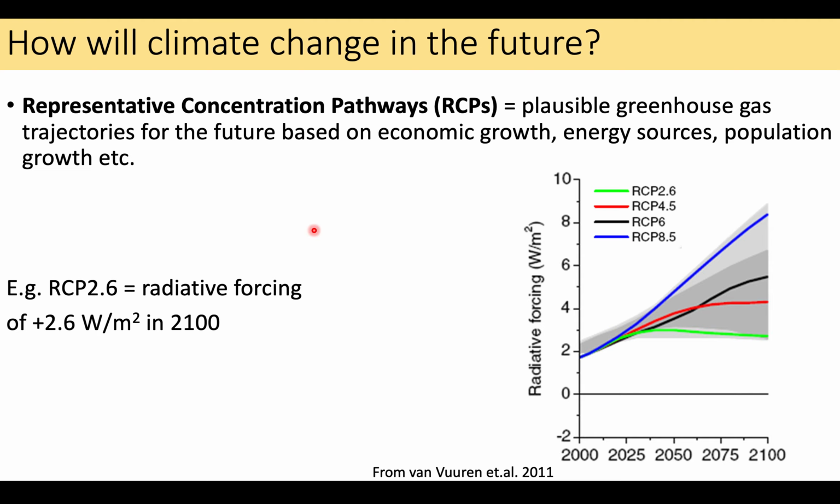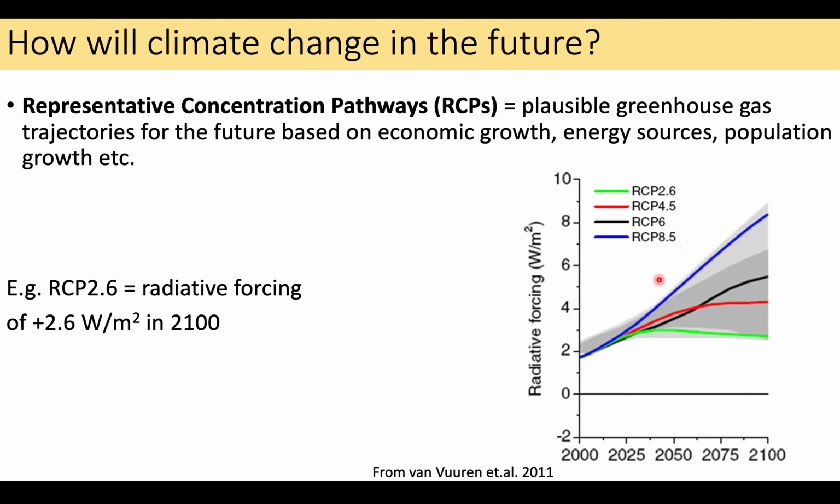For example, the lowest is RCP 2.6, which means there's a radiative forcing change of 2.6 watts per meter squared by 2100. RCP 8.5 is the most extreme. This is where we are changing the radiative forcing by 8.5 watts per meter squared by 2100.